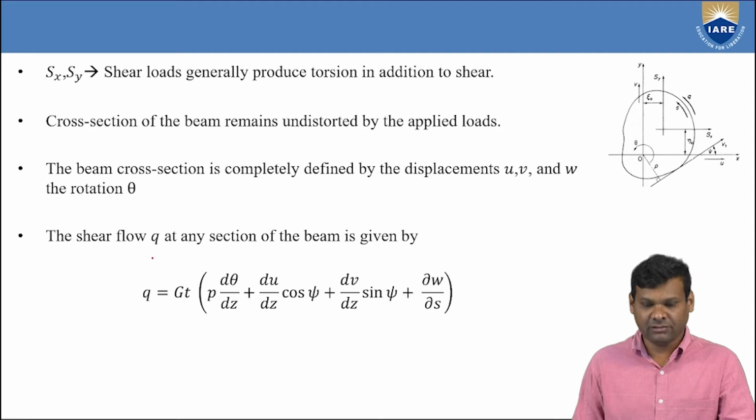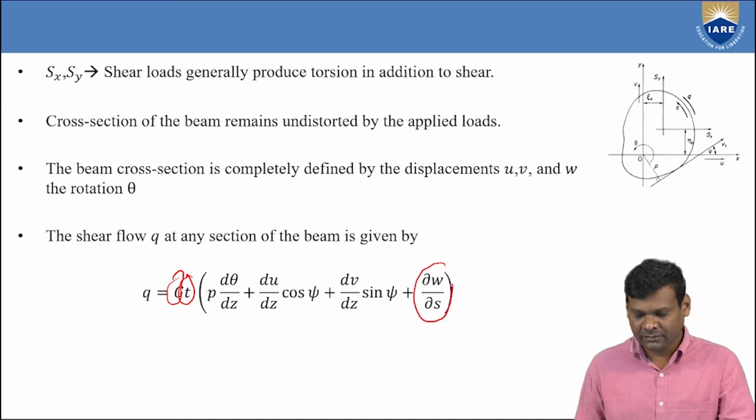And the shear flow associated with the shear forces Sx and Sy is given by Q is equal to Gt, where G is the shear modulus, t is the thickness of a closed section beam or open section beam, times P d theta by dz plus du by dz cos phi plus dv by dz sin phi minus dou w by dou s.